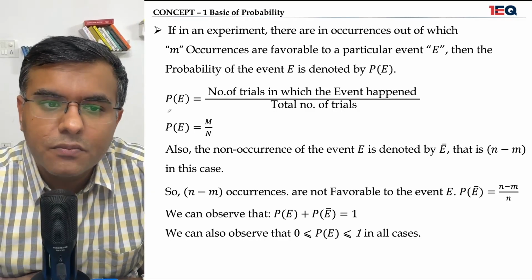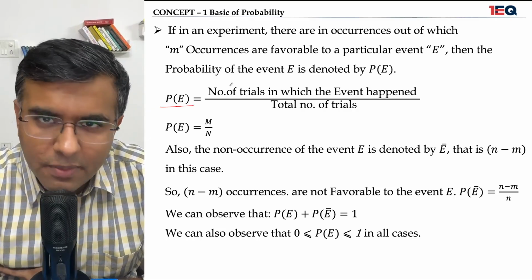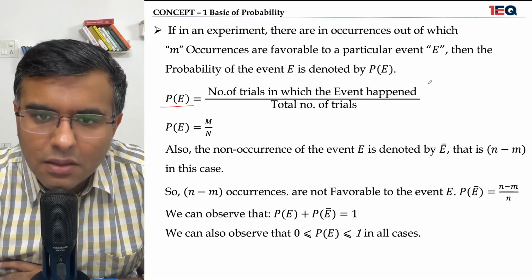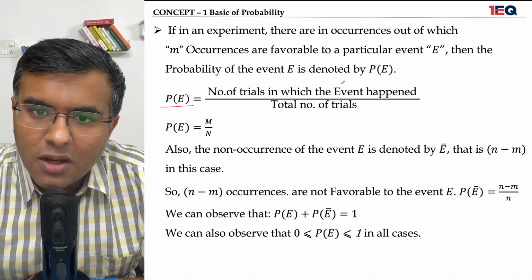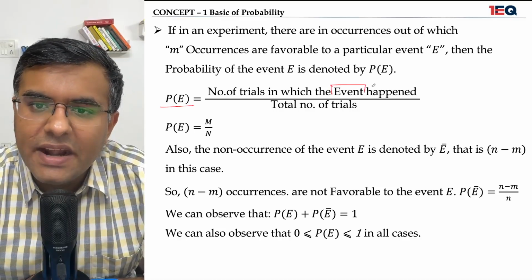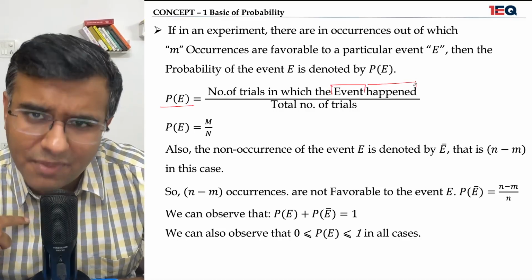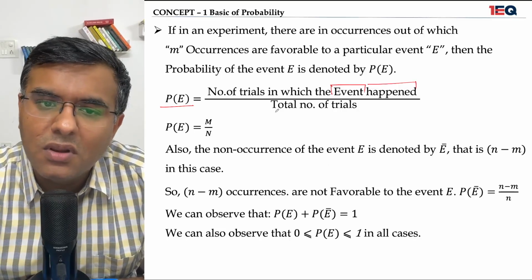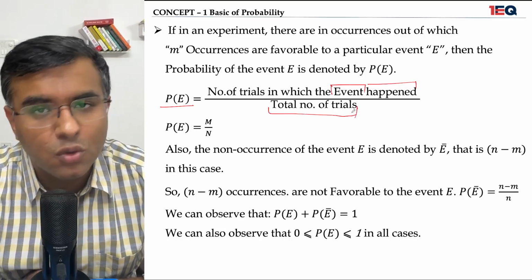When I talk about the probability of an event, I will be talking about the number of events that happened which were falling in my favor, divided by the total number of trials which took place.